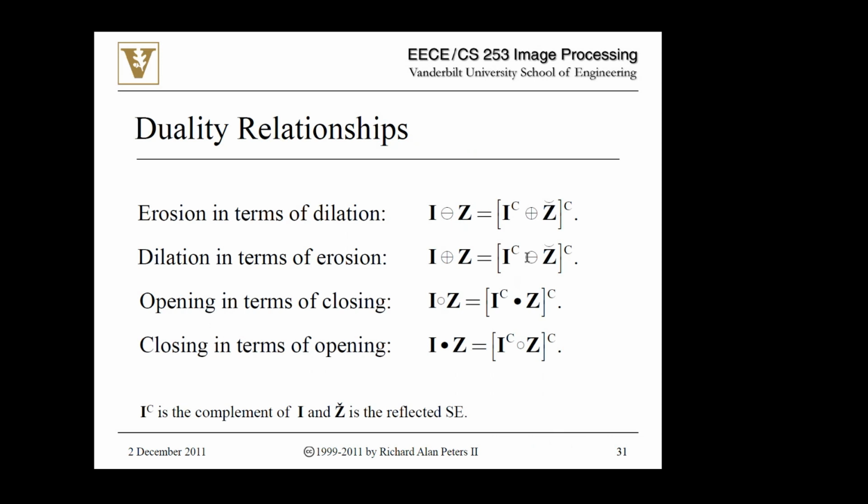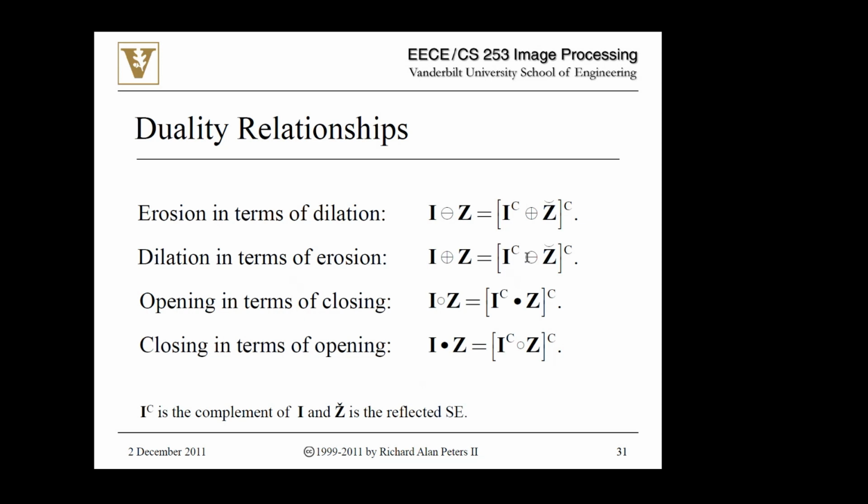And we have kind of the same laws as we had yesterday. So we have the complement of dilation. The complement of dilation is, you have the two sets: this one you have to complement, this one you have to reflect.